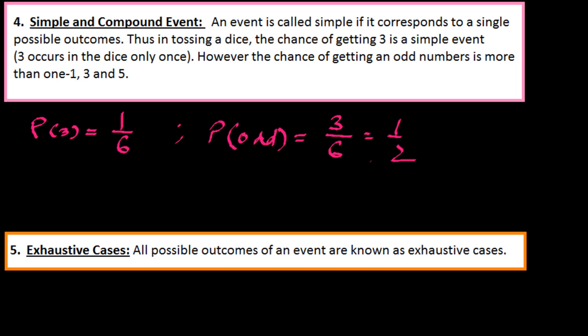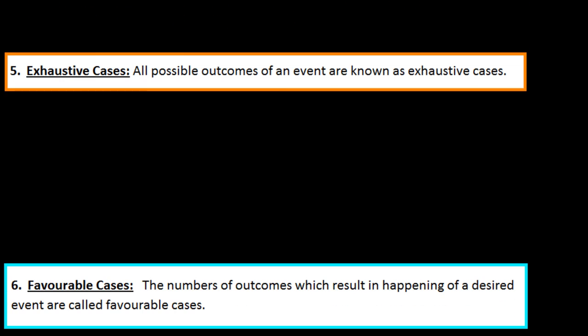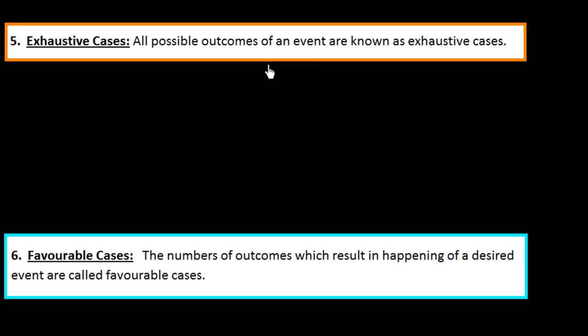Okay, now the next one, exhaustive cases. All possible outcomes of an event are known as exhaustive cases. If we throw a dice, the possible outcomes, the sample space, are 1, 2, 3, 4, 5 and 6. These are all the total outcomes we have written here.